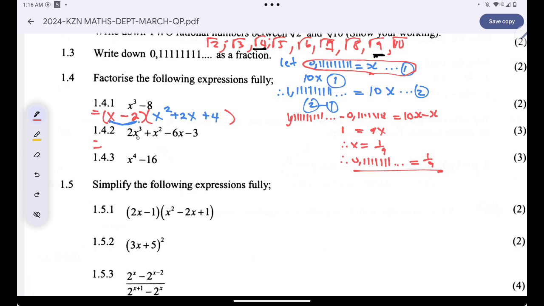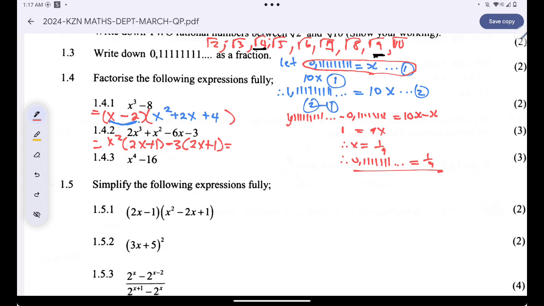Whenever I factorize here, there's a common factor on the first two terms, which is what? X squared. When I take out x squared, I'll be left with 2x plus 1. And then on the last two terms, there is a common factor as well, which is -3. When I take out -3, I'll be left with -2x plus 1.